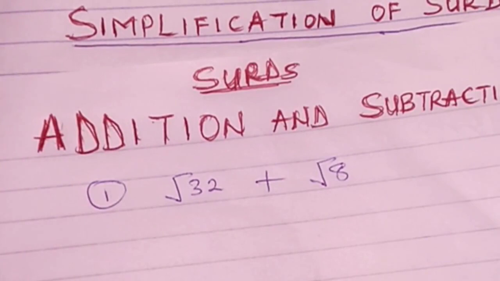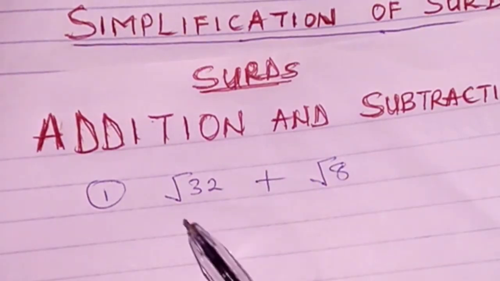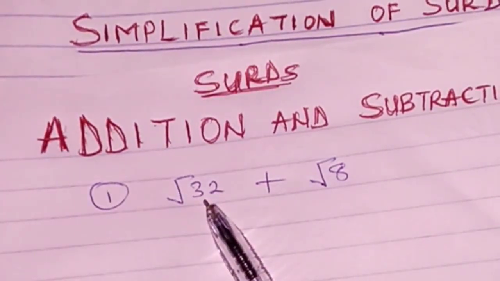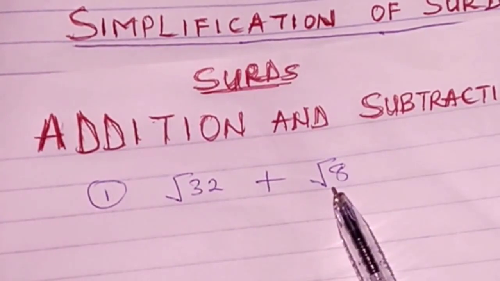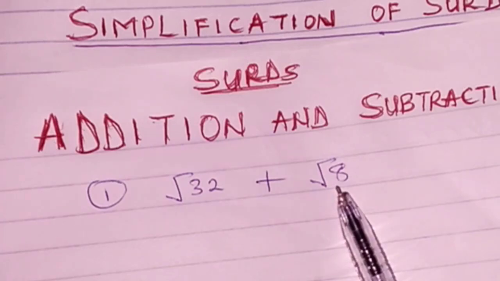Now, take note. To add or subtract surds, we must first simplify the surds to their simplest or basic form. So, we're going to first of all simplify root 32 to its simplest form, and also reduce root 8 to its simplest or basic form.